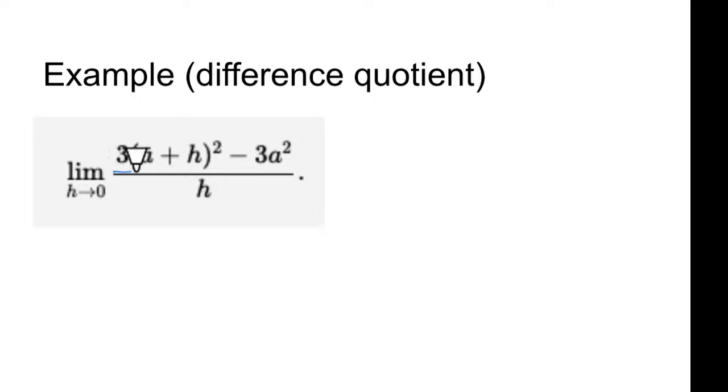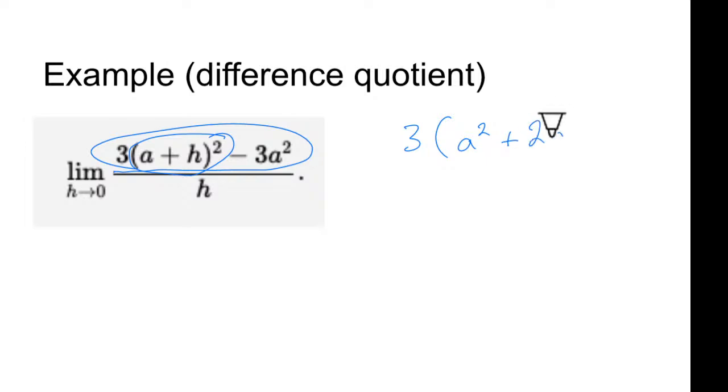tools. We've got up here, we could just kind of FOIL this thing out. So a plus h squared, so we'll get 3. I'll do that separately. Is going to be a squared. What is that? 2ah plus h squared. So I just FOILed that out. Minus 3a squared. You'll see that a lot. Still over h. And again, we are taking the limit, but we'll distribute the 3 through.